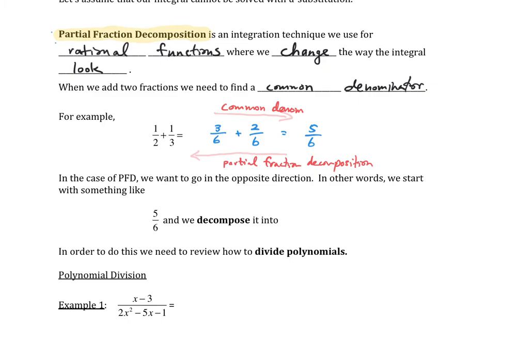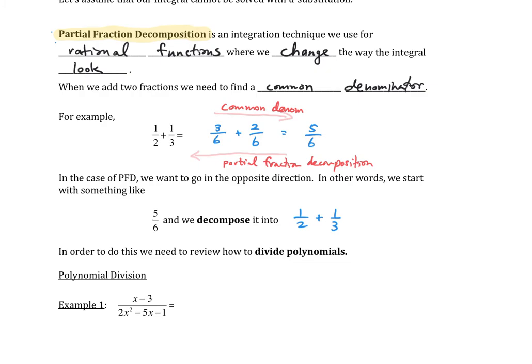So when we worked with 5/6, that 5/6 will be decomposed into 1/2 plus 1/3. And the idea, once we switch to rational functions instead of rational numbers, is that the left-hand side might be some very complicated thing to integrate, but when we decompose it, the idea is that these pieces over here might be easier to integrate.